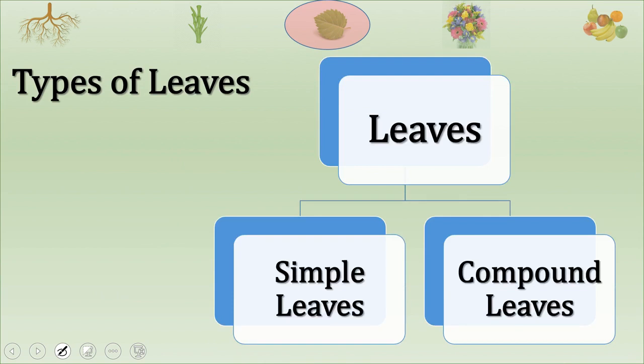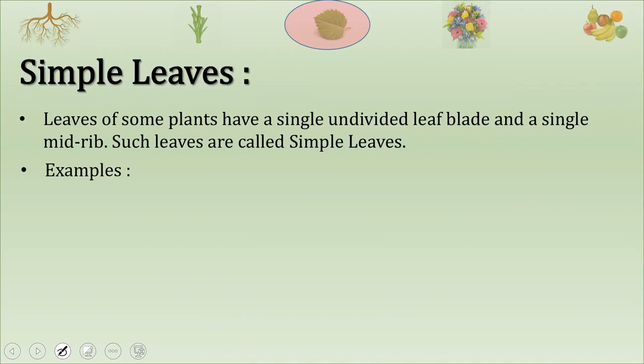Leaves are of two types, simple leaves and compound leaves. Let us see what they mean. Leaves of some plants have a single undivided leaf blade and a single midrib. Such leaves are called simple leaves.